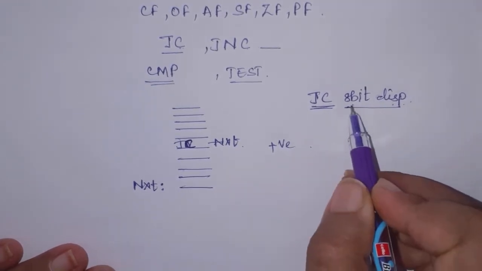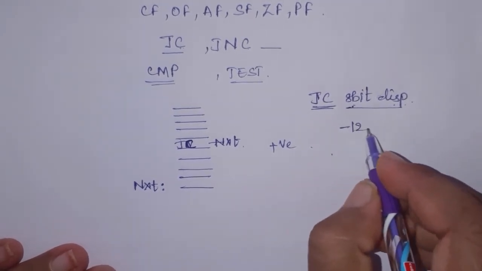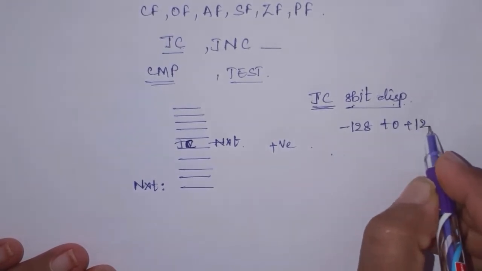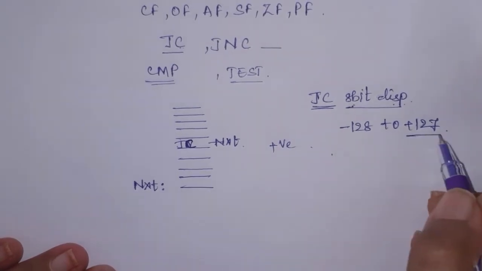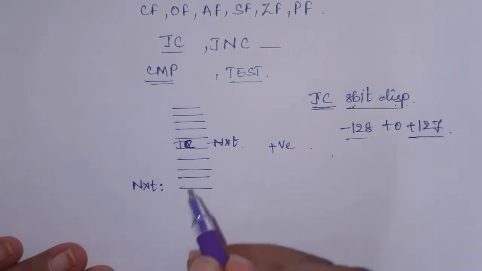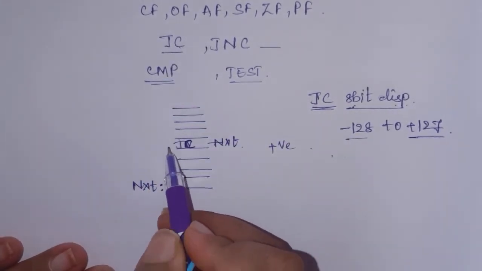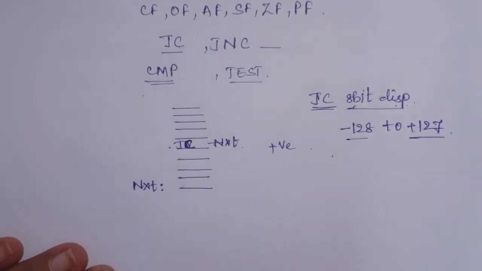So the conditional jump is limited to minus 128 bytes to plus 127 bytes. That means a forward jump can go 127 bytes forward, or 128 bytes backward.